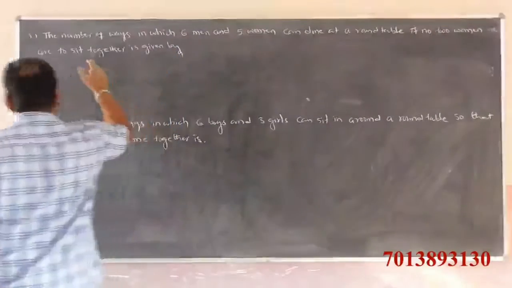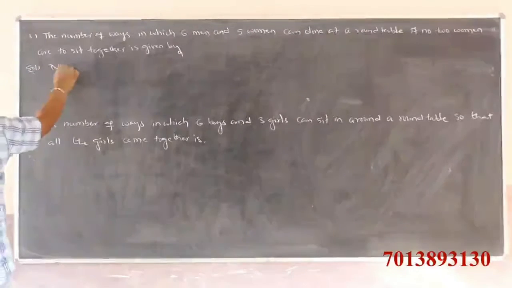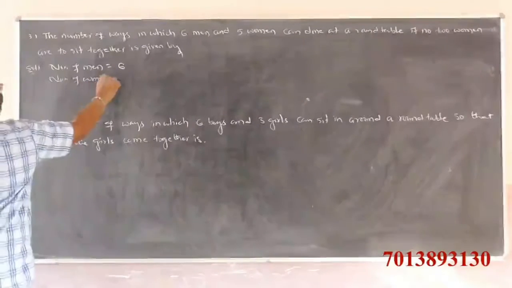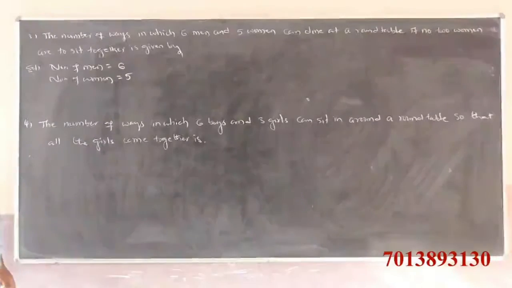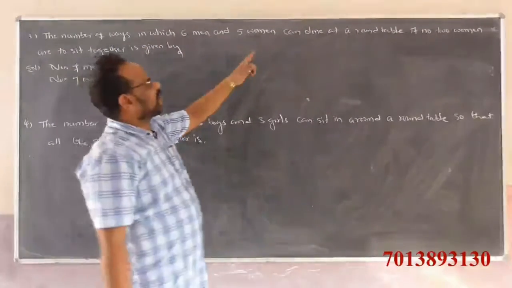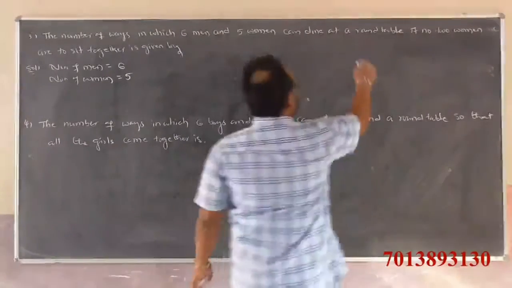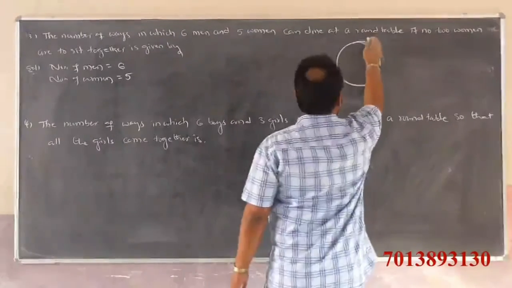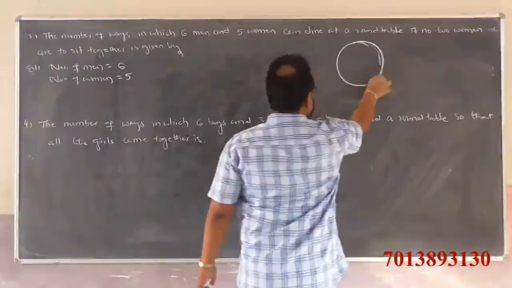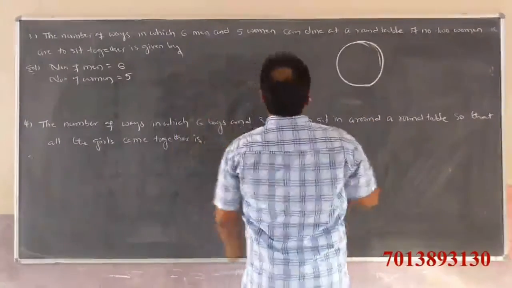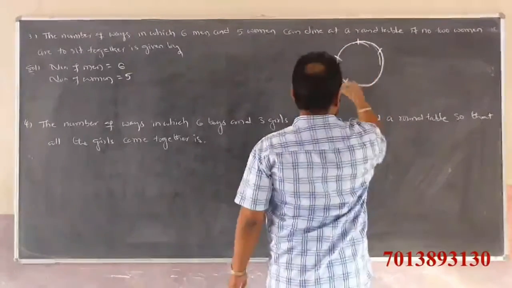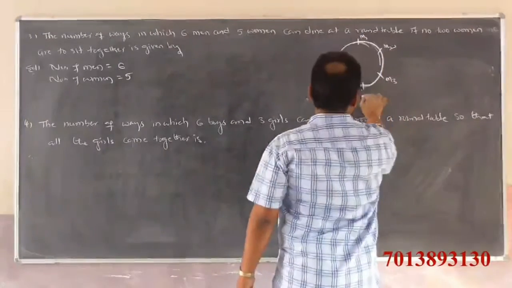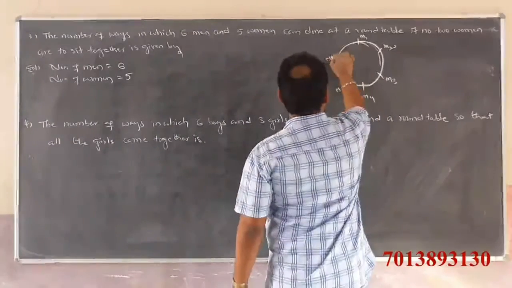So the number of men is clearly 6, and the number of women is 5. They can dine at a round table if no 2 women can sit together. Here are the 6 men: M1, M2, M3, M4, M5, M6.